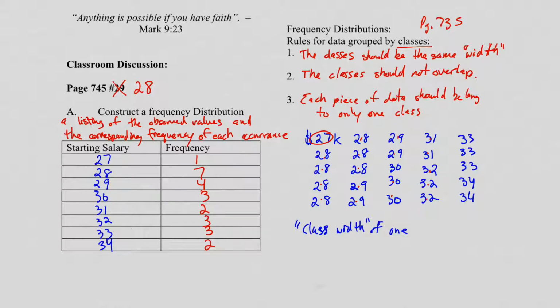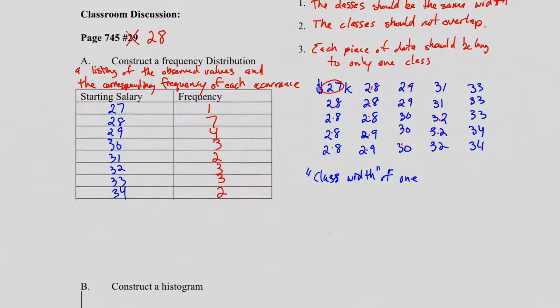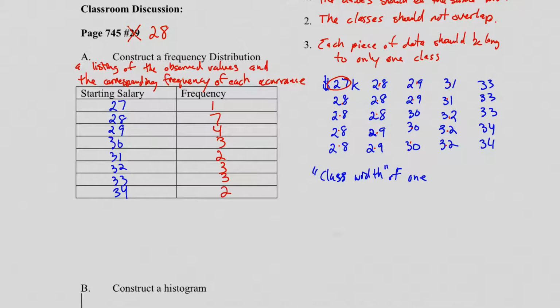Those are the frequencies of the occurrences of these salaries for the people that were surveyed, the random sample. And that is it for frequency distribution.